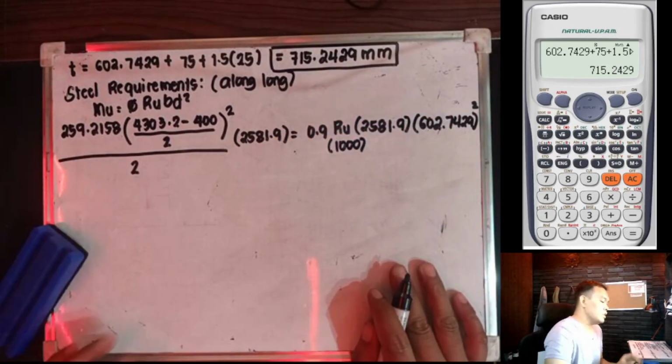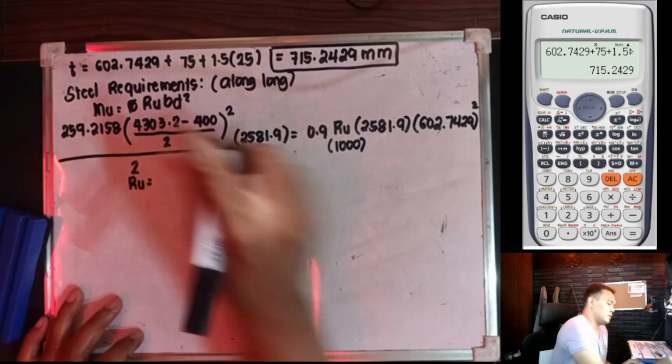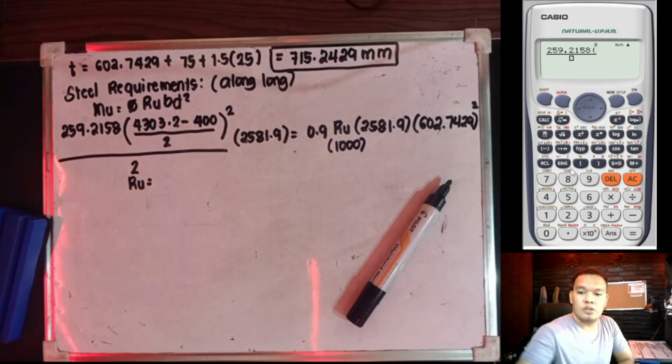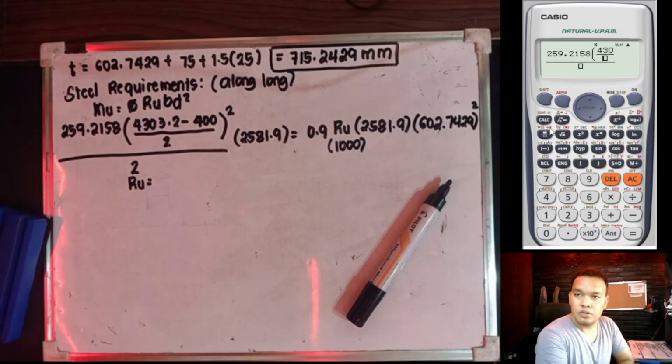Okay? So we have here RU is equivalent to, let me put it in the calculator: 259.2158 multiplied by 430.3.2 minus 400 all over 2, then squared, all over 2. I won't write the 2581.9 anymore.